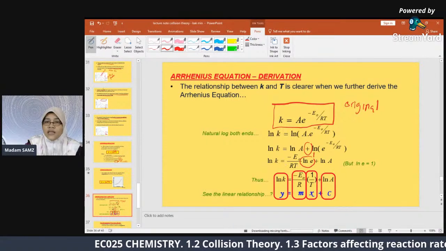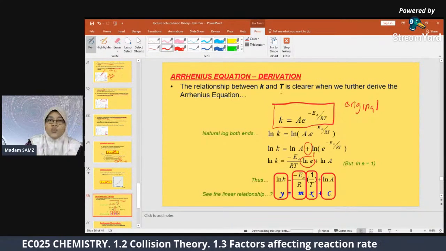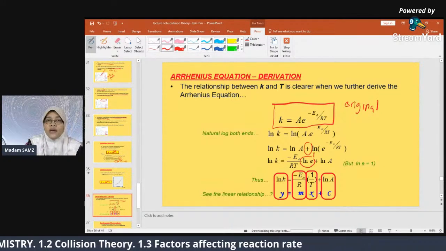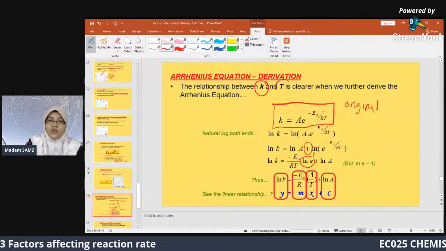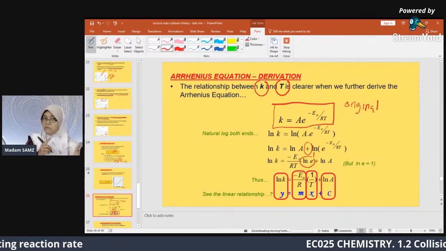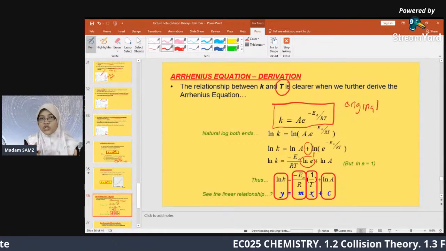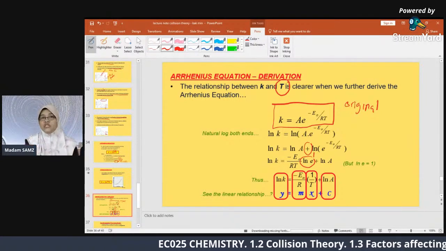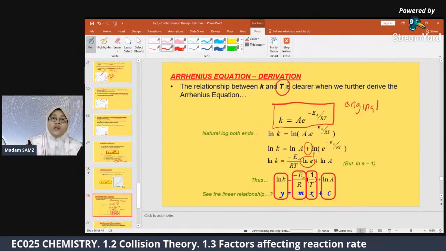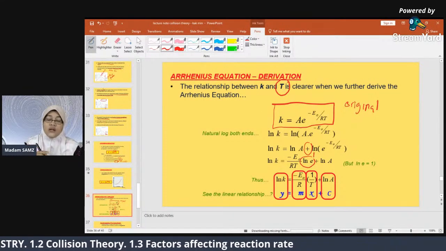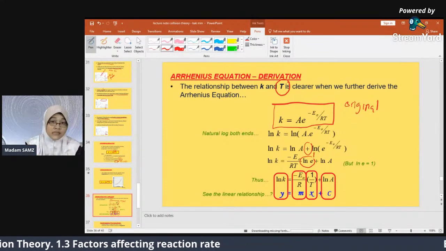If you see here, kita ada dua nilai pemboleh ubah. Kita ada rate constant and we have also temperature. Remember, I already teach you that temperature will alter your k value. So, nilai T yang berbeza memberi k yang berbeza.